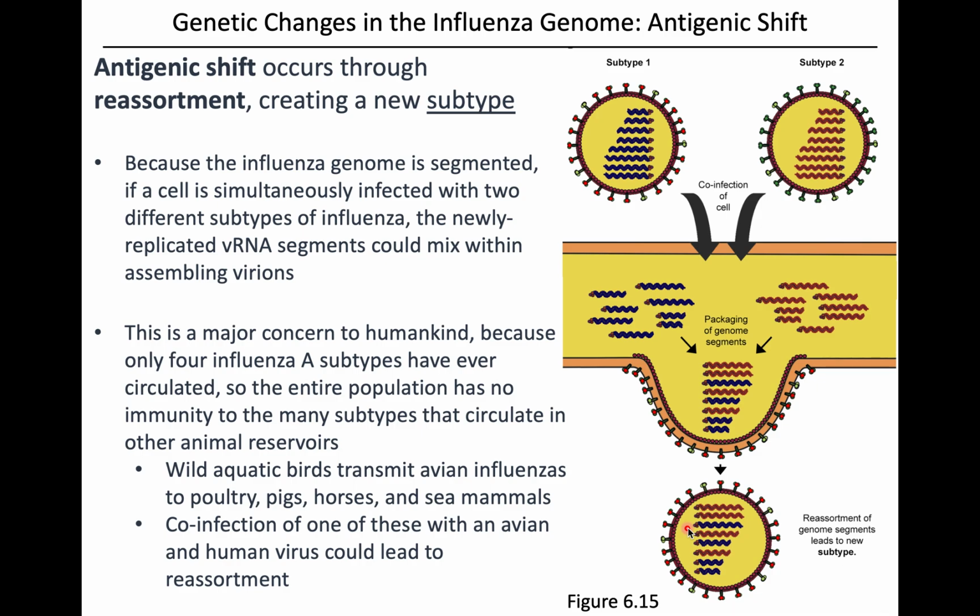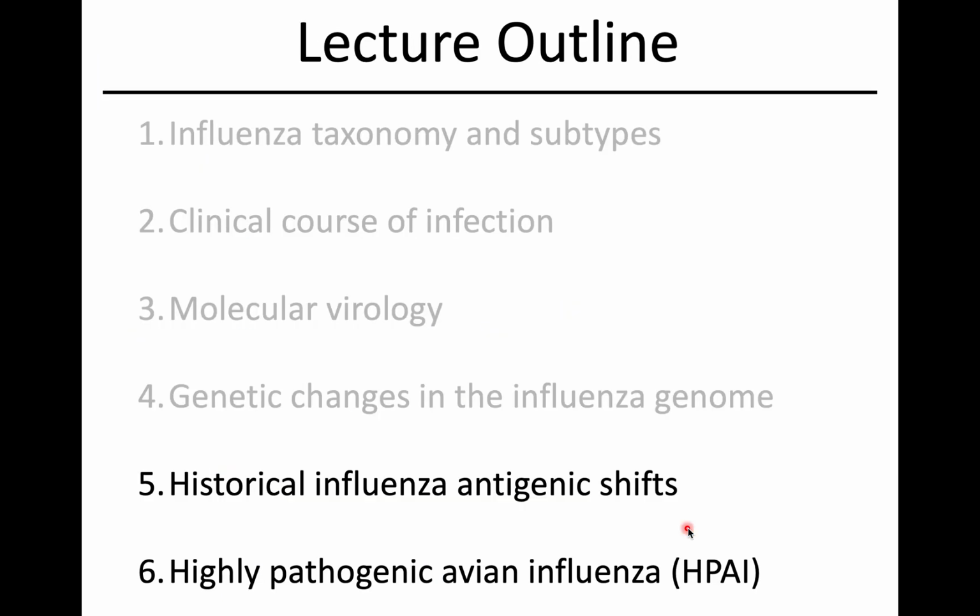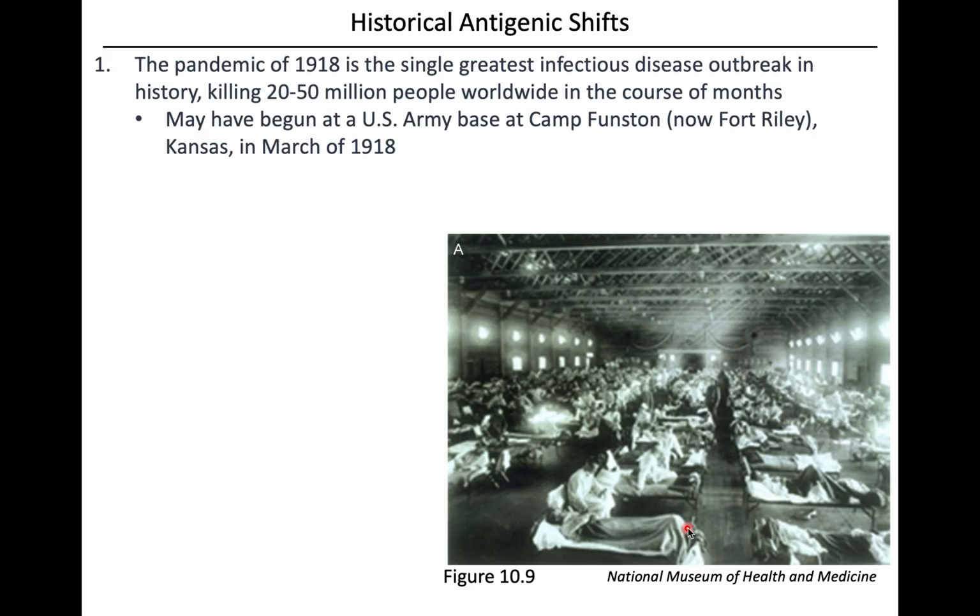This is a big concern because a lot of the different H or N subtypes have never circulated in the human population, meaning humans would have no immunity to these combinations. Our immune systems have never seen them before, but they are out there in the animal world, in particular in birds, as we'll talk about in a few minutes.